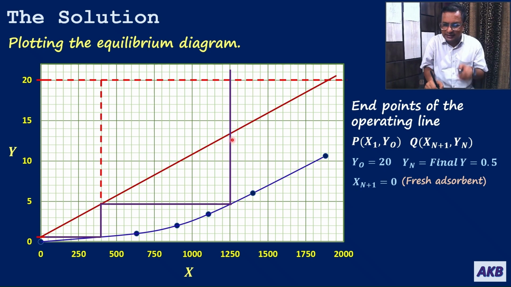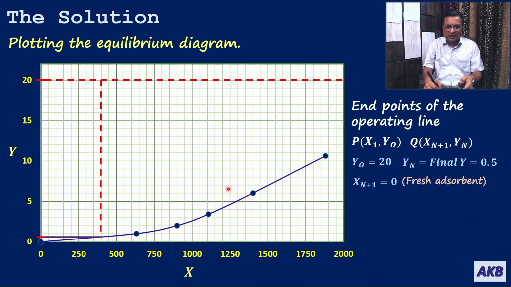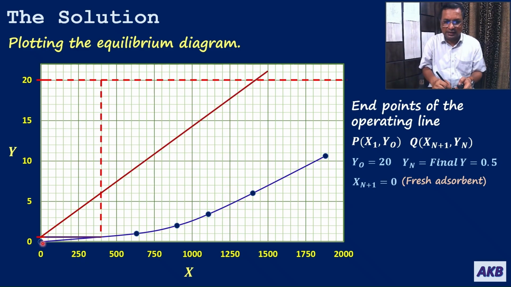And since here it is not happening, the operating line that I have drawn is not the correct operating line. So I will have to change the operating line, so that my objective is to get this intersection on this horizontal line. For that, I will draw another operating line. I have changed its slope. Again, I will draw those stages. So horizontally, I have traveled up to this point.